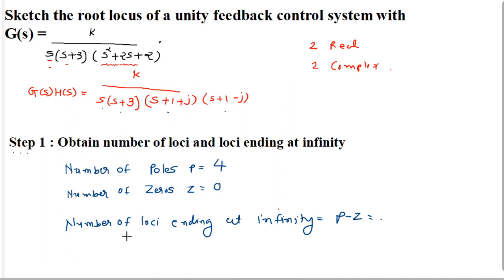Now the number of loci ending at infinity is P minus Z, that is 4 minus 0, that is 4. So there are 4 root loci. That is step number 1.